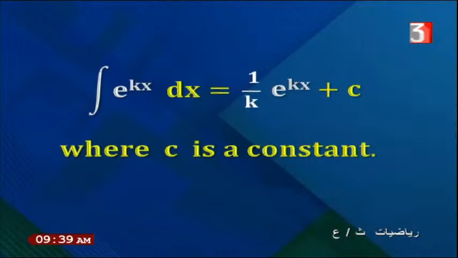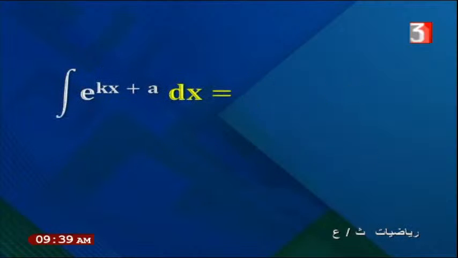Then the integration equals 1 over k, 1 over the coefficient of x, multiplied by e to the power kx plus the constant c. And the integration of e^(kx+a) dx, where k and a are constants, equals 1 over k multiplied by e^(kx+a) plus the constant c.